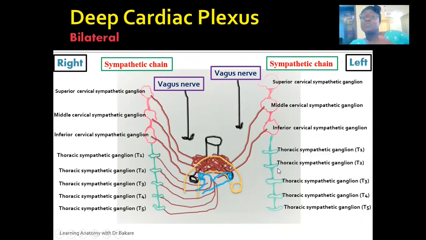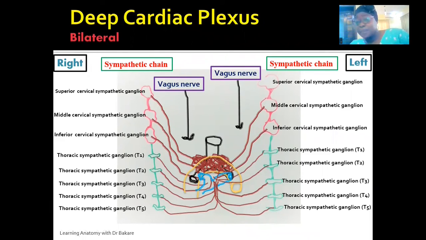Then going further, the thoracic component we have from the T1, T2, T3, T4, and T5 thoracic sympathetic ganglia. So you see that all the sympathetic ganglia from the sympathetic chain on both the right side and the left side are used in the formation of the deep cardiac plexus, except the left superior cervical sympathetic ganglion. So it's good for us to take note of this. So this is the sympathetic contribution.